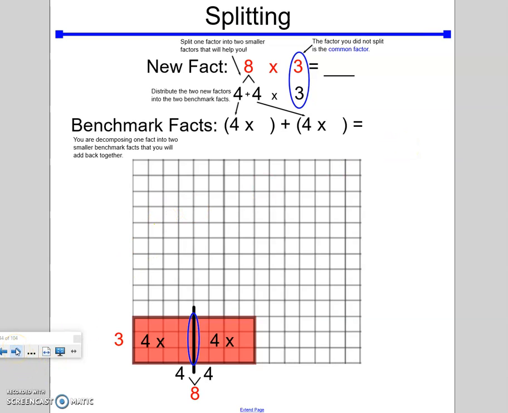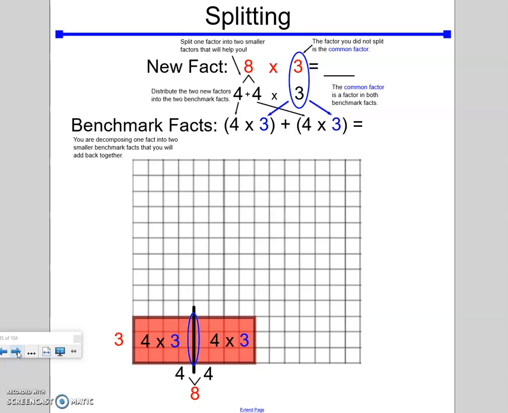So when you're using the splitting strategy, you are distributing the two decomposed factors. So the 8 that we've decomposed into a 4 and a 4, you're going to distribute those into the two benchmark facts. Your first 4 goes into your first benchmark fact, and then the other 4 goes into the other benchmark fact. The 3, of course, that we did not split, we've already talked about how that's our common factor. It's in both of our benchmark facts.